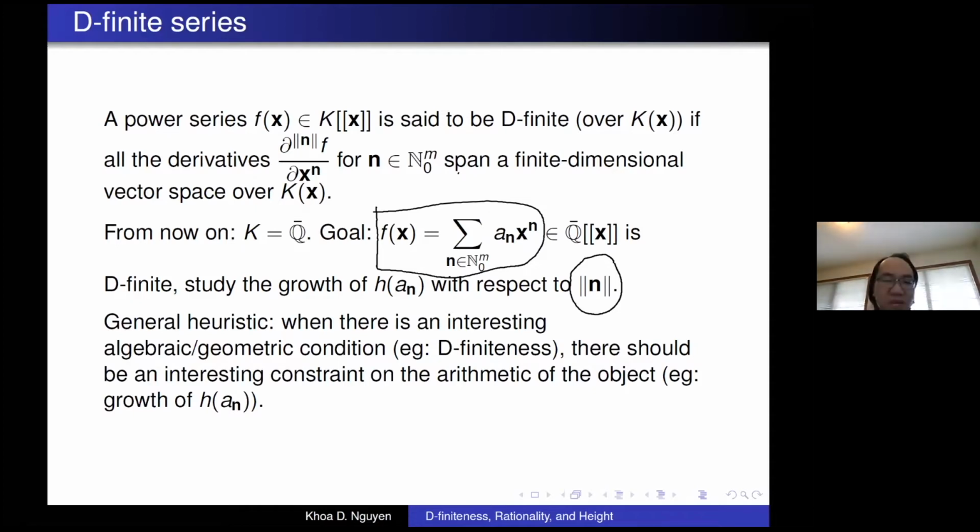Then there should be an interesting constraint on the arithmetic of the object. So for example, in this case, we consider the growth of the height of the coefficients.